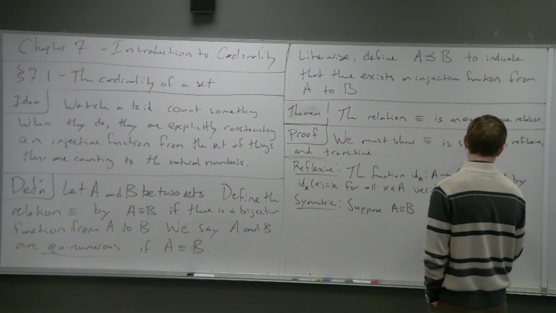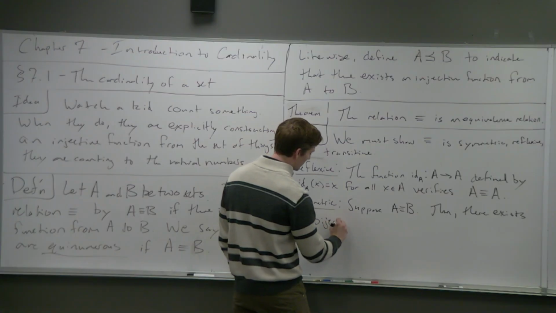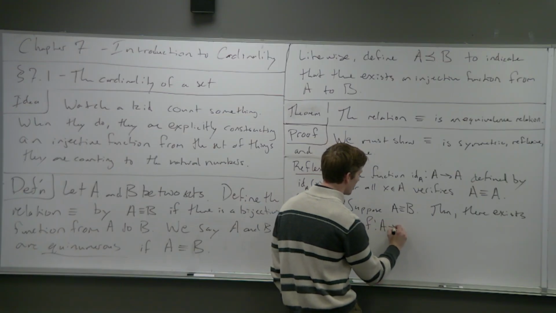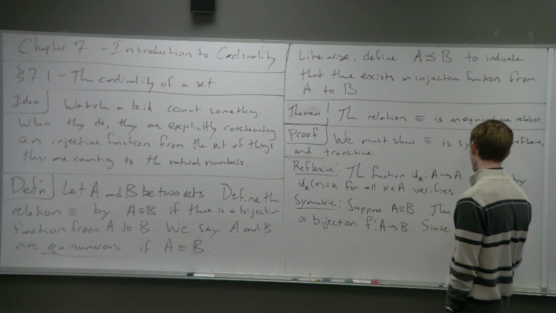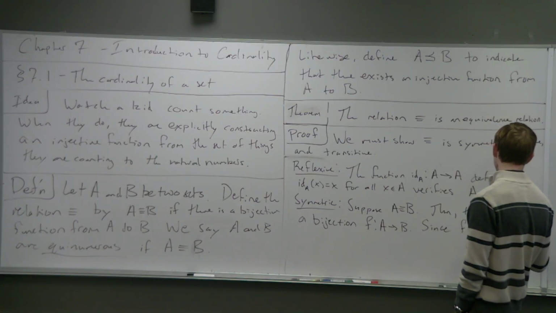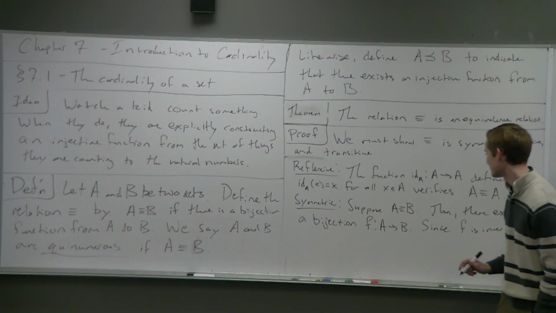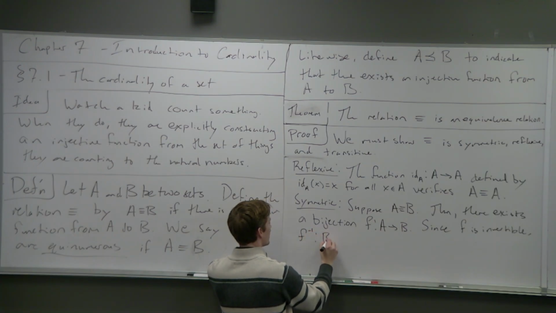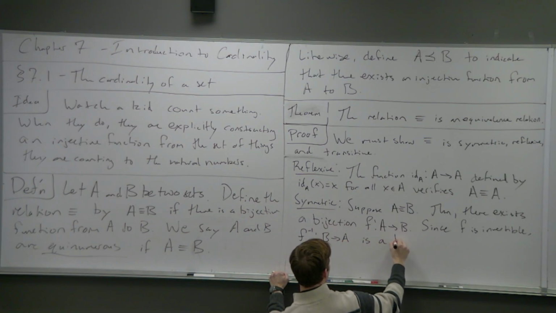Then there exists a bijective function f from A to B. Since f is invertible, we proved when we were talking about functions that bijective functions are invertible, f inverse is a function from B to A, and is a bijection.